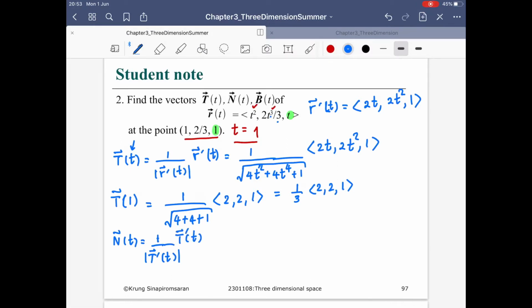Just be very careful that, because we are going to find the unit vector, the one on the top and the one on the bottom have to be the same. Just make sure. Now to find your T prime, you really need to go back to this one. That's why we really need to have a capital T at a general point small t.